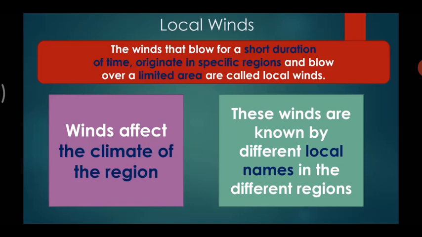What happens because of these winds? These local winds will affect the climate of the region. Suppose hot winds are blowing, then the climate will be hot, and the temperature will rise automatically.